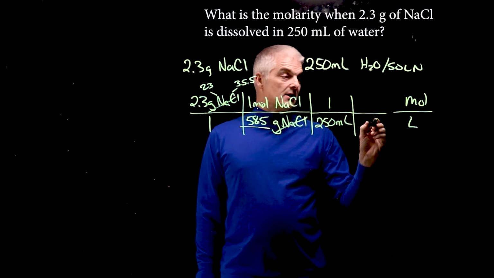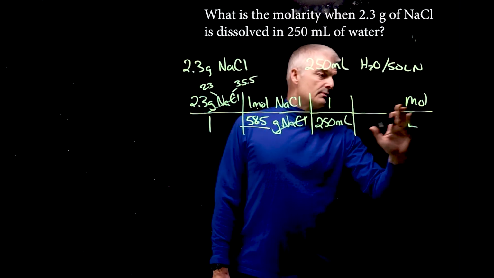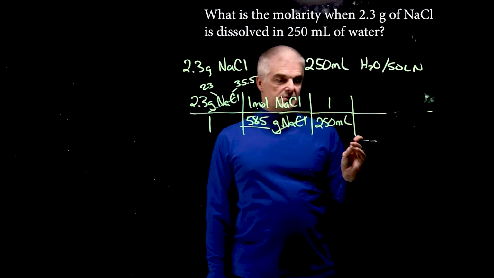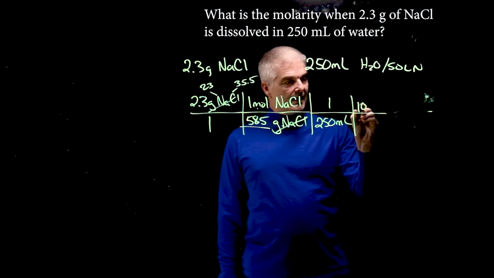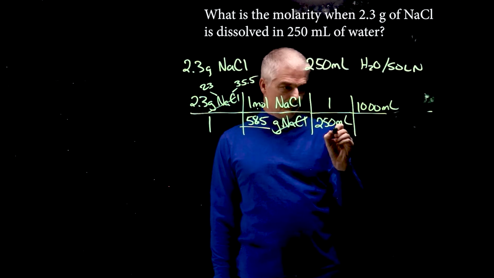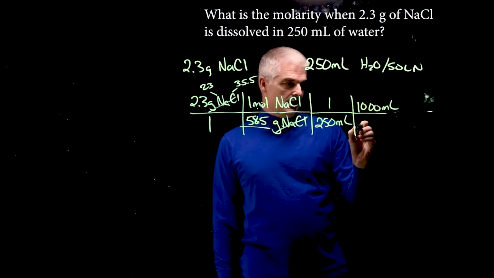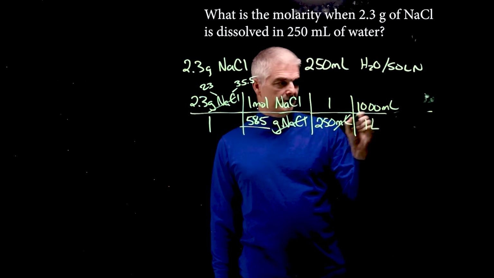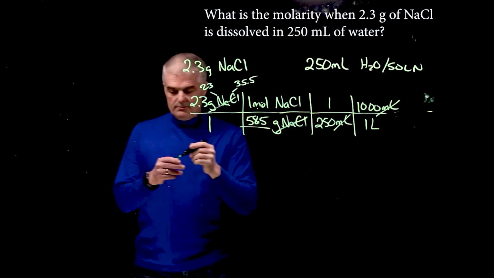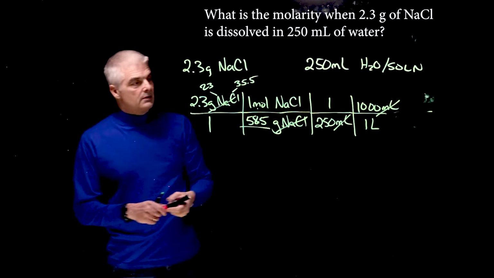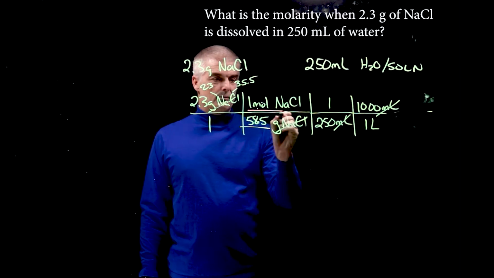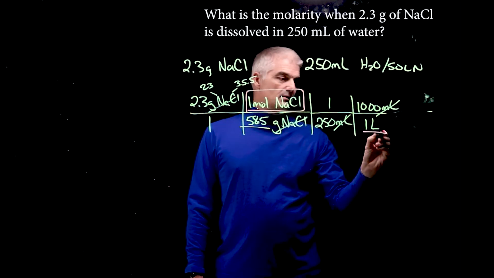Then I'm going to do one more fraction: 1,000 milliliters in 1 liter, so the milliliters cancel. If you do the math here, I've got moles of NaCl per liter.